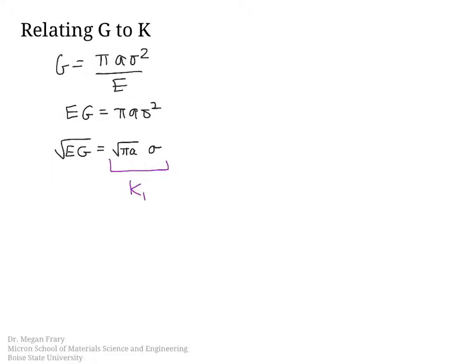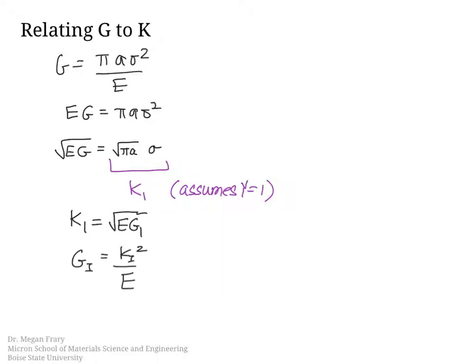So that, again, the 1 is for mode 1 loading, and this is assuming that Y, our geometry factor, is equal to 1. So we end up with the relationship like this. Or if we want to have G in terms of K, then we have this equation right here. So the strain energy release rate is equal to K1 squared divided by E, the elastic modulus.